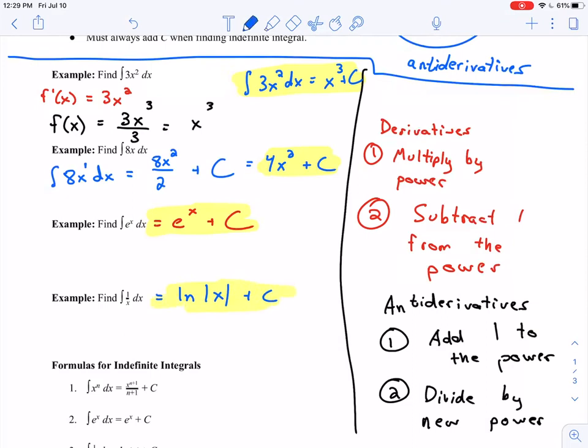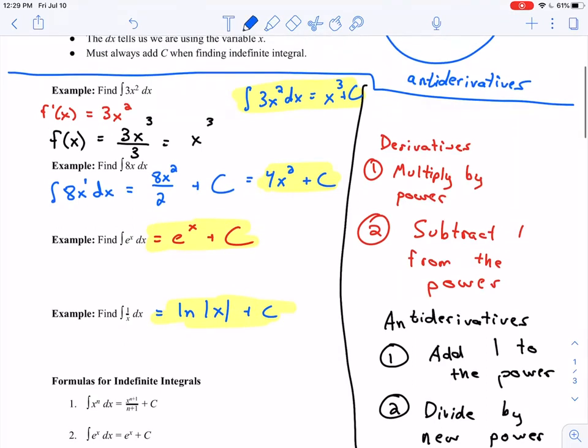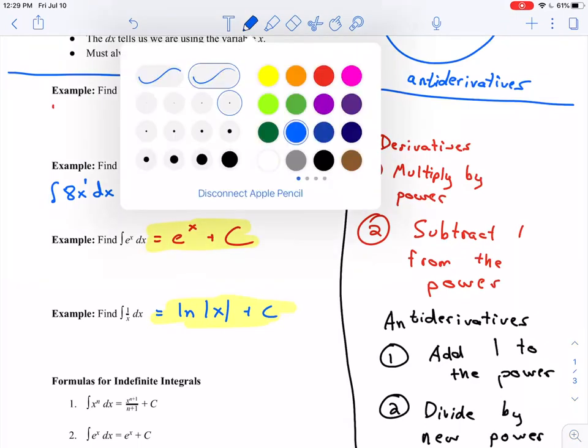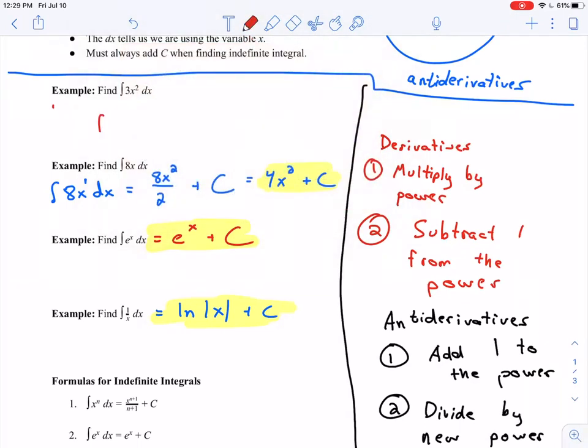A couple other minor things that I want to point out here. Actually, let's just erase this, I want to rewrite it anyway. If we take the antiderivative of 3x squared dx, we said that was x cubed plus c. So notice a few things here when I find my antiderivative or my indefinite integral.